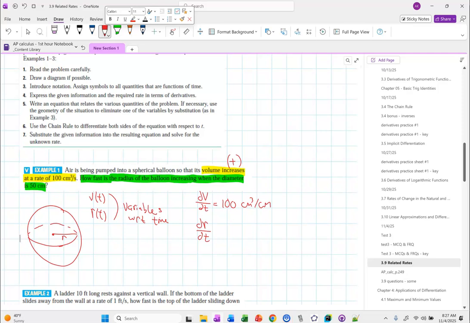Everybody okay with that? But it's not asking for just any old dr/dt, because that maybe is not a constant. It's asking for it at one specific moment, right? What moment is it asking for? When the diameter is 50. So I'm going to say when d is equal to 50. Is everybody okay with the notation that I've introduced here?